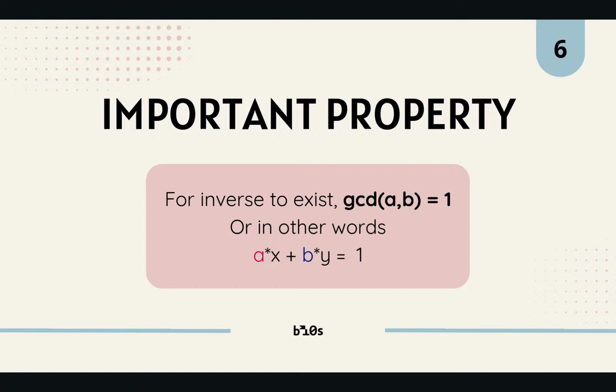What it does is it takes your A and B. Let's say you want to find the inverse of A with respect to M. You would run the EGCD algorithm on A and M, and you would get the coefficients X and Y. What you can observe is that if you give your number A and the modulus as B, your value of X would be the inverse of A. Simple enough.